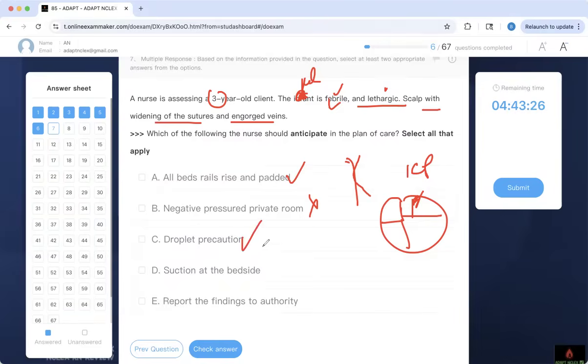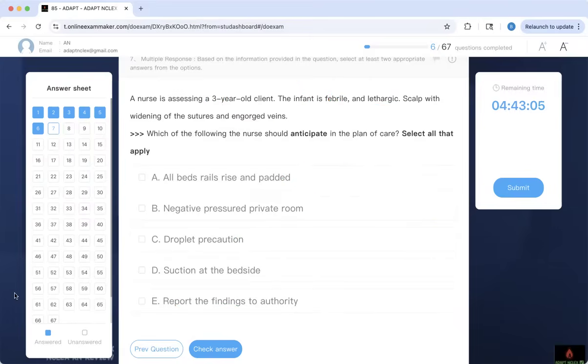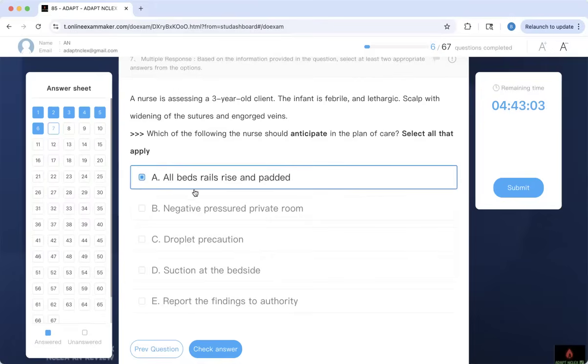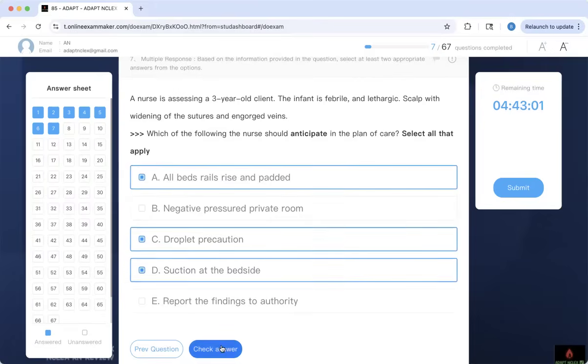Suction at bedside, yeah, so that if you are seizing because of ICP, I have suction at bedside. I should not report this to the authorities. This is not abuse. Scalp widening and engorged veins and febrile, those are not abuse. The patient is in trouble, is having an ICP issue, and therefore these are our answers.